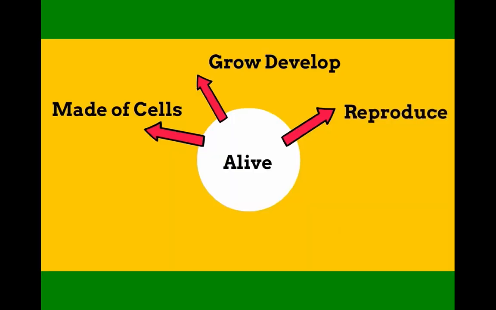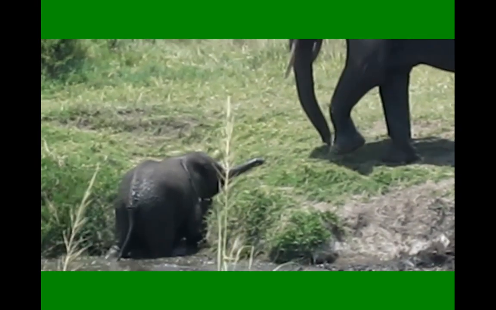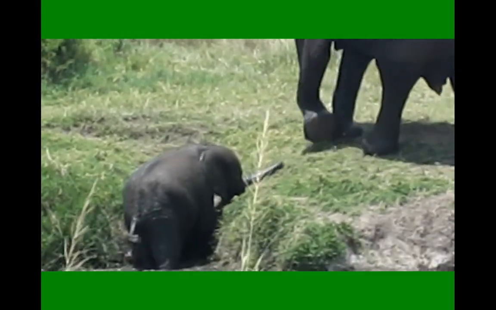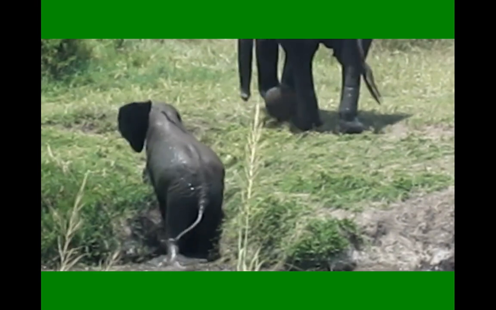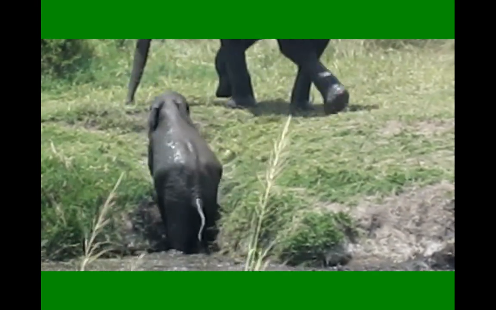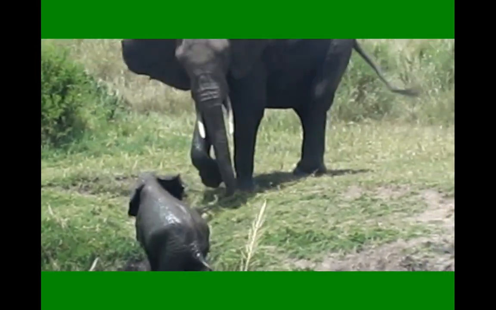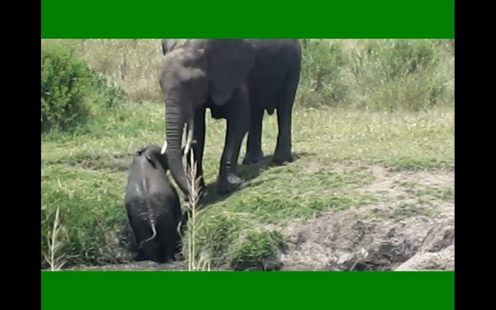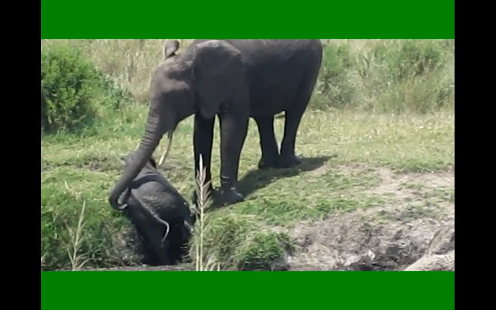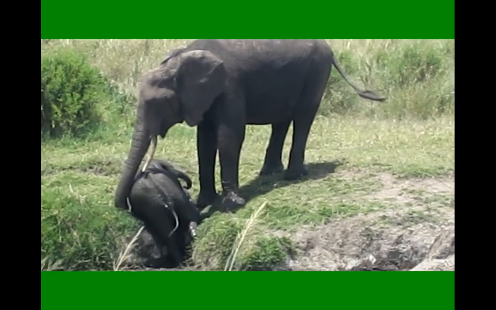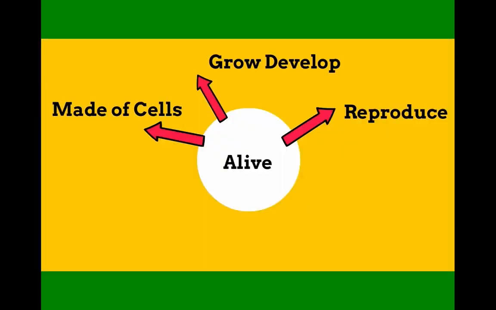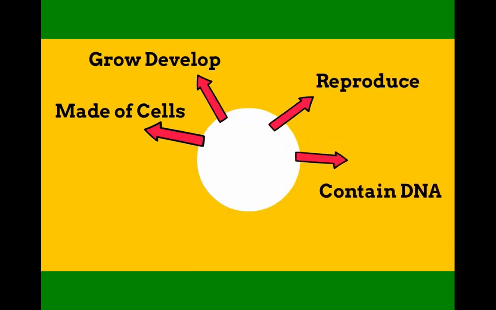Living things reproduce and produce offspring. Living things also contain DNA, deoxyribonucleic acid.